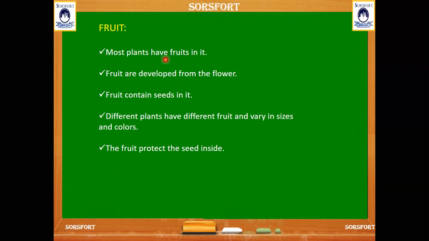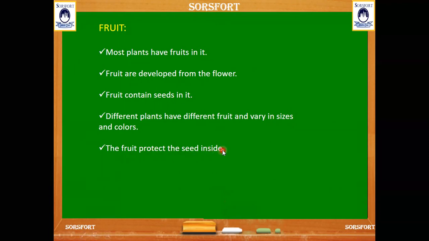As we discussed with the flower, fruits are developed from the flowers. What does the fruit contain? Fruit contains seeds in it. Different plants have different fruits which vary in sizes, colors and taste too. And the fruit protects the seed inside it.